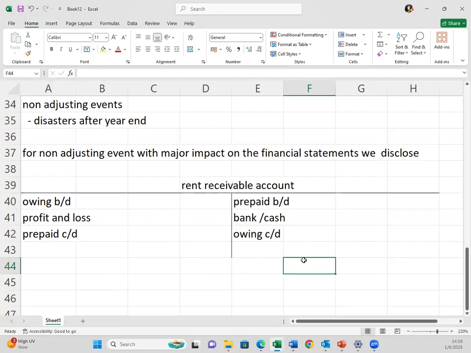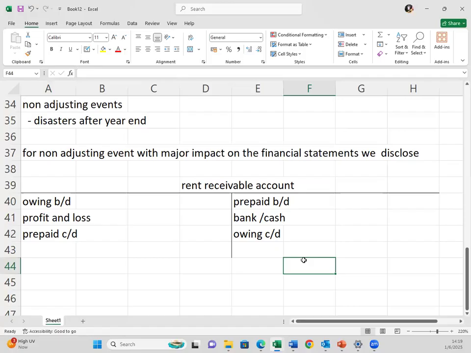Remember when we did accruals and prepayments, we said that if rent received is prepaid, it's actually a liability, because we have received the money but we have not yet let out the property for use.